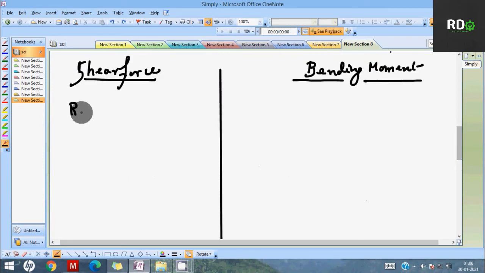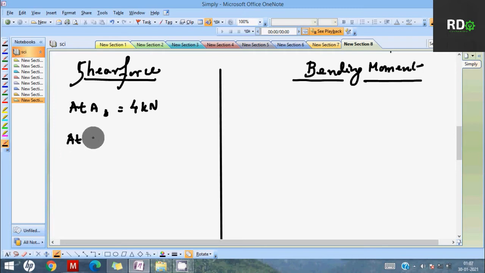We have to write the shear force at A. Shear force at A is just whatever RA is, that is 4 kilonewton. It is an upward force, so we are taking it as positive. You can put the plus sign also if you want.